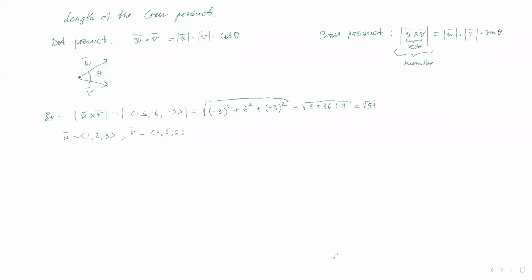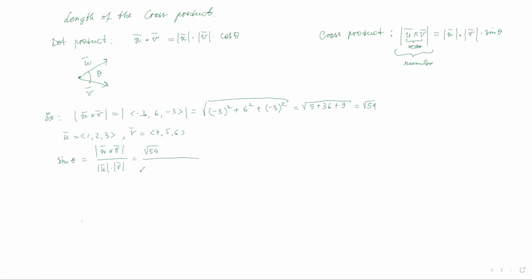How can it be useful? If you look at this formula, we can use this number to calculate the angle. I'm going to calculate sine of theta, which is the length of the cross product divided by the length of vector u and the length of vector v. I already know the top: it's the square root of 54.